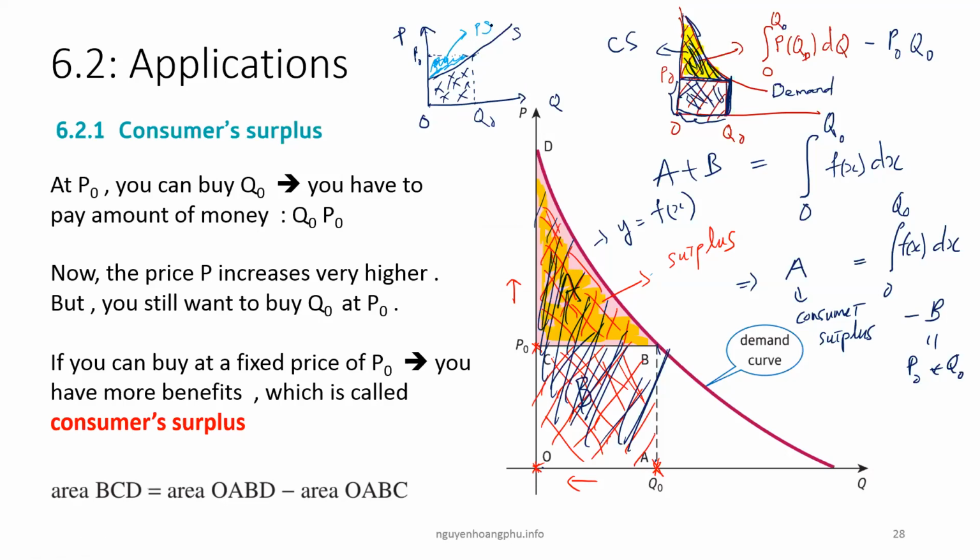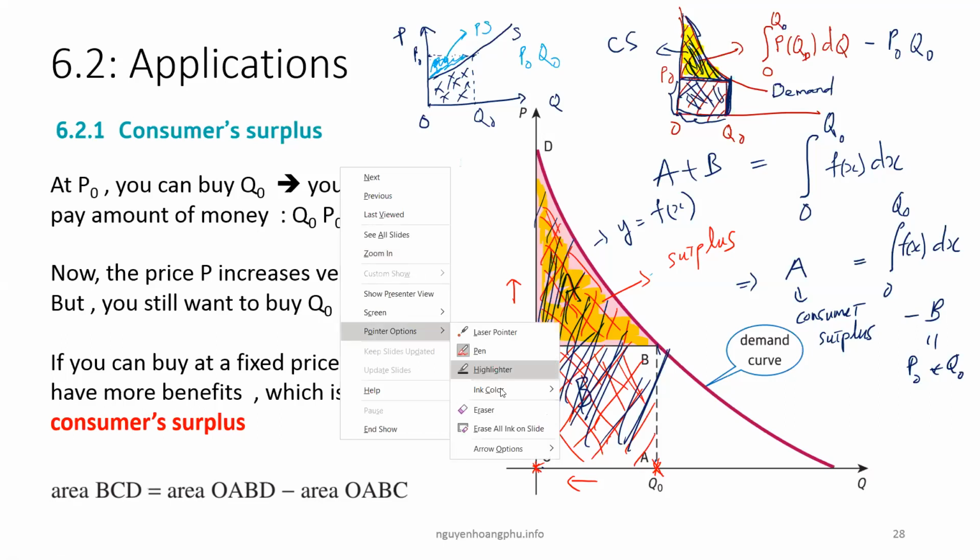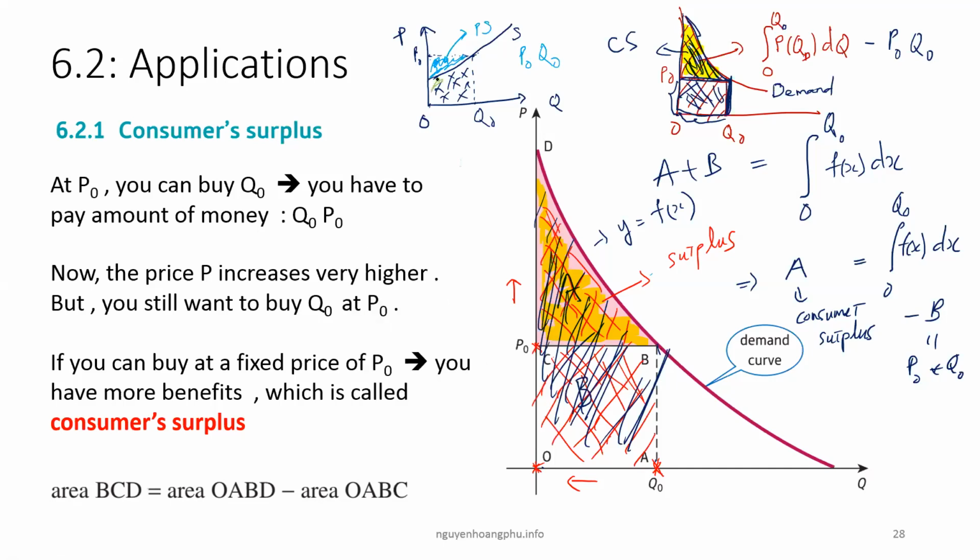Thế để tính cái producer surplus này thì chúng ta tính như nào? Thì em sẽ lấy tổng cái diện tích của cái hình chữ nhật này là P0 nhân với Q0. Còn cái phần bên dưới này nó chính là definite integration từ 0 đến Q0 của cái hàm supply.